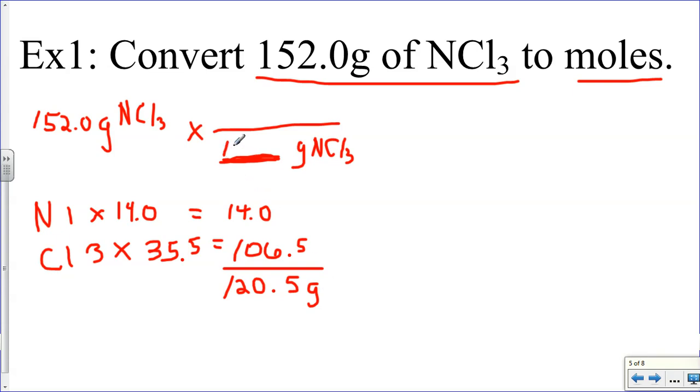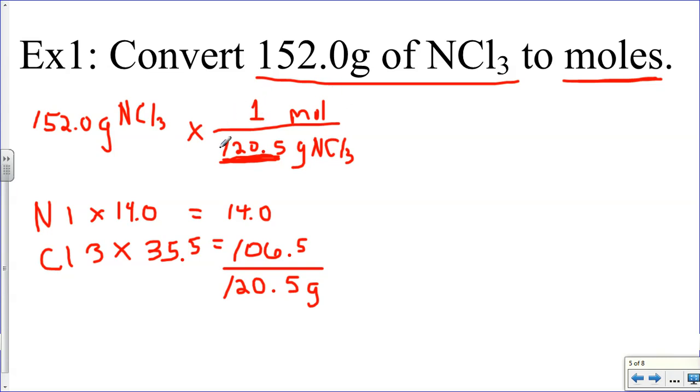We'll put that number right here, 120.5 grams. And since we are converting to moles, our mole unit has to go on top. Now, what number always goes with the mole? 1.